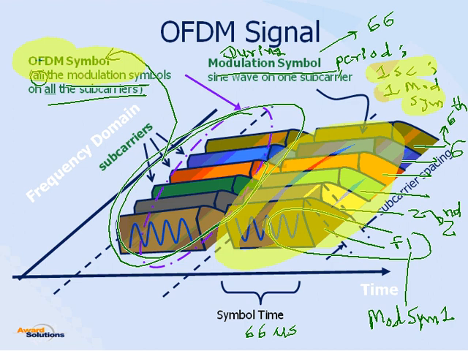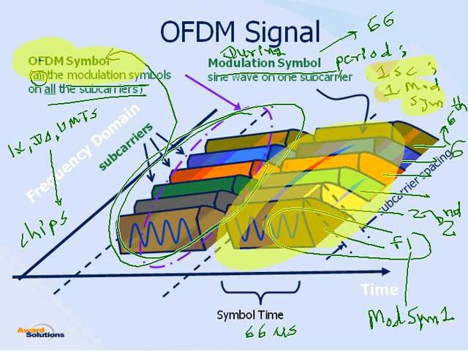If you recall in 1X, 1X EVDO and UMTS, in those 3G systems, what goes over the air is chips, right? 1.2288 mega chips per second in 1X EVDO, 3.84 mega chips per second in UMTS.